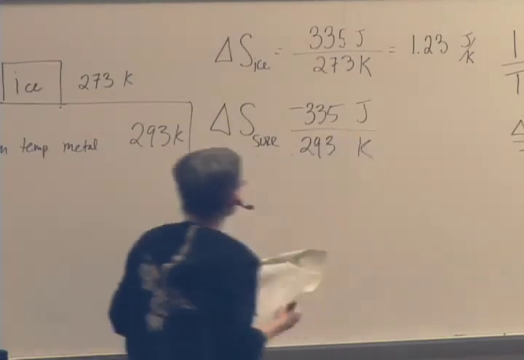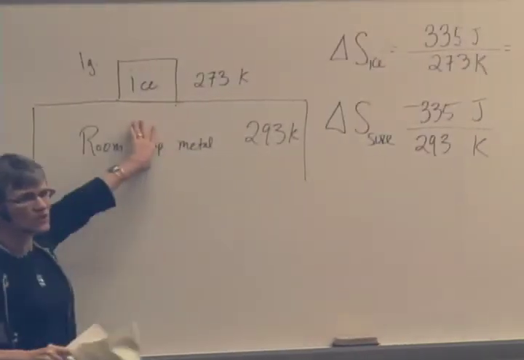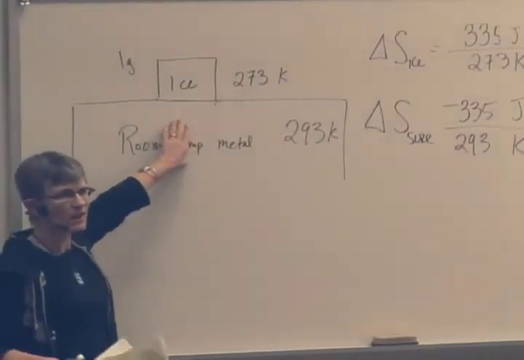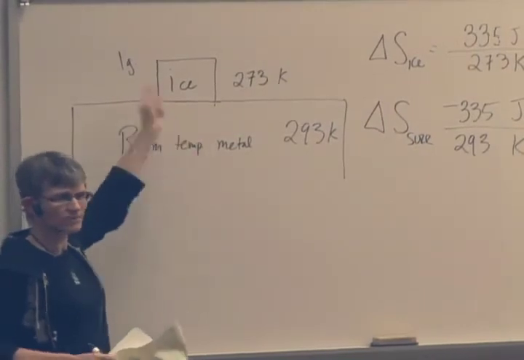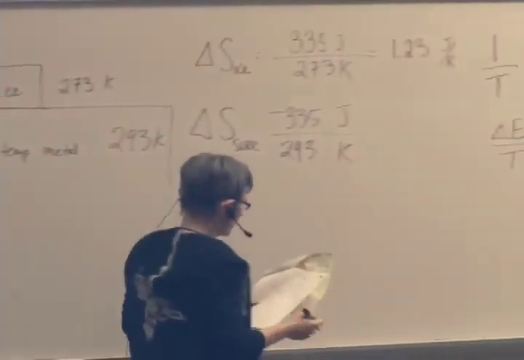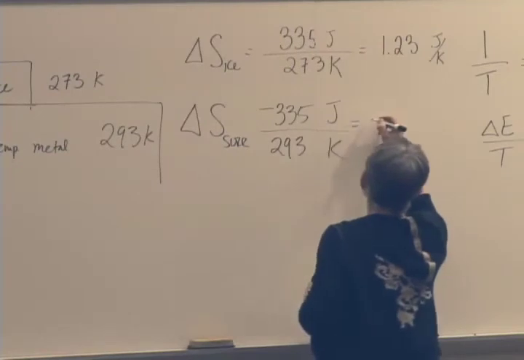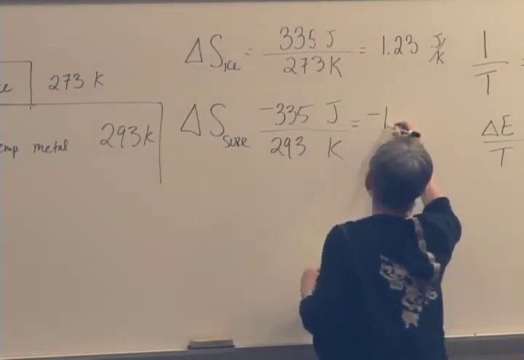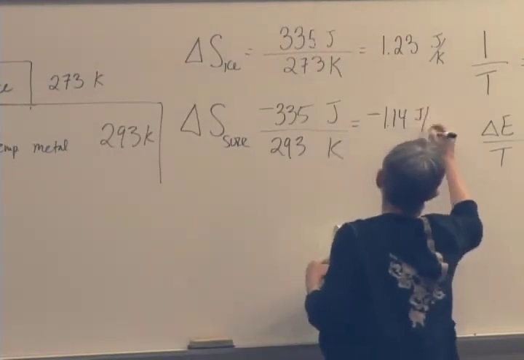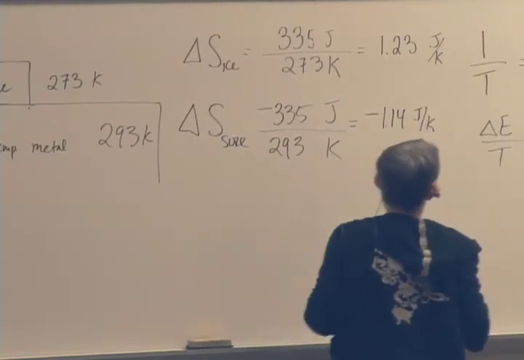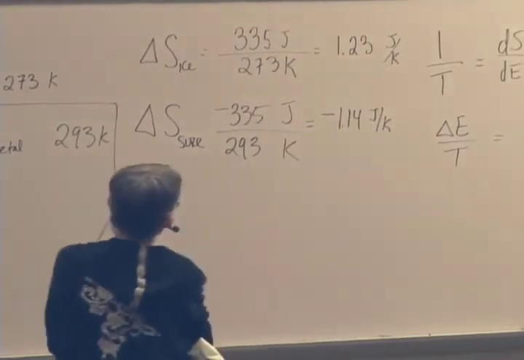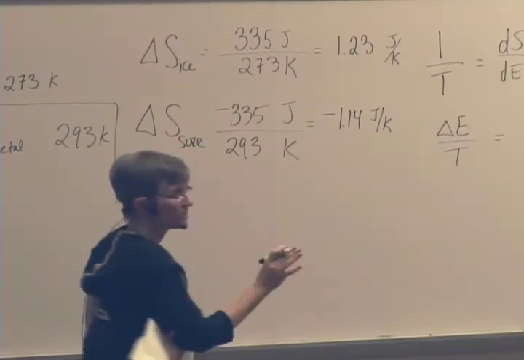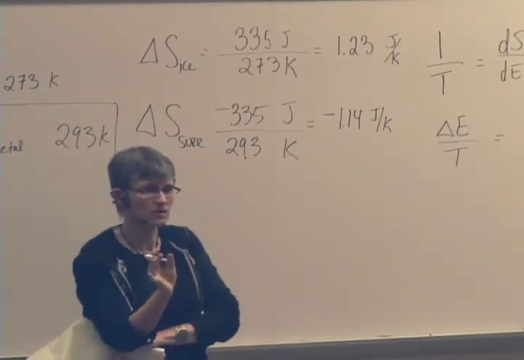We had a big enough block of metal that its temperature just didn't change very much. It was a negligible temperature change. And so that comes out to negative 1.14 joules per Kelvin. So the entropy of the surroundings did decrease.